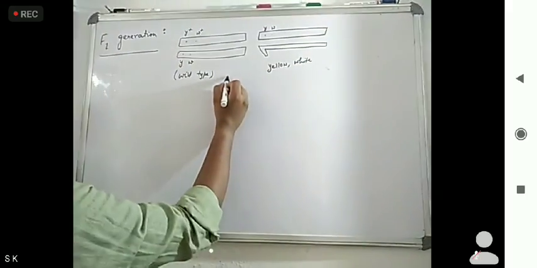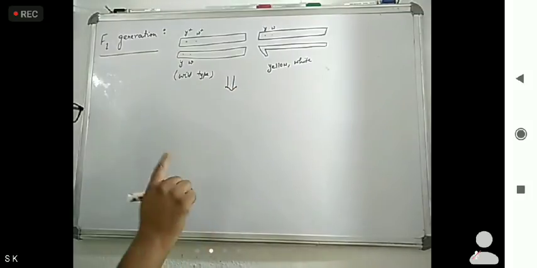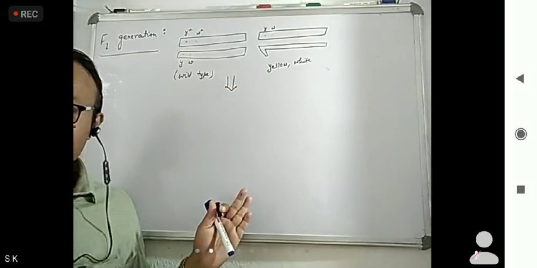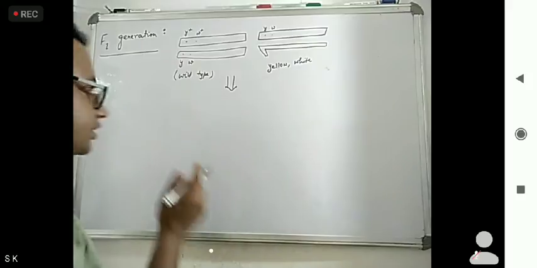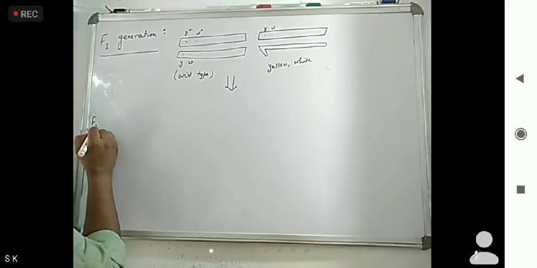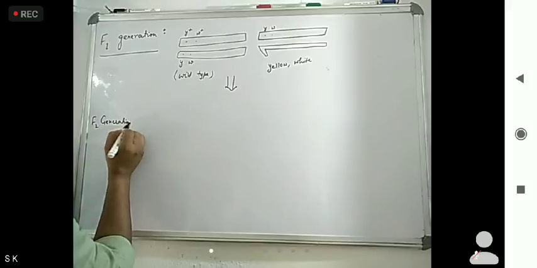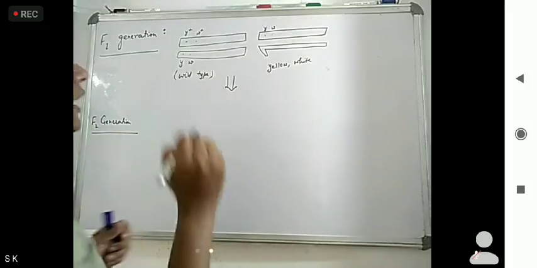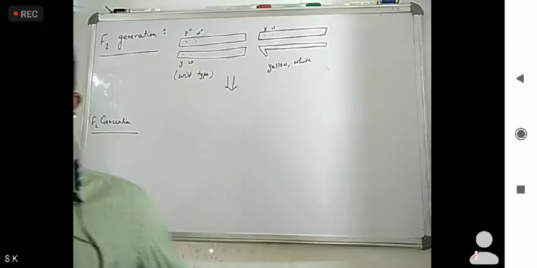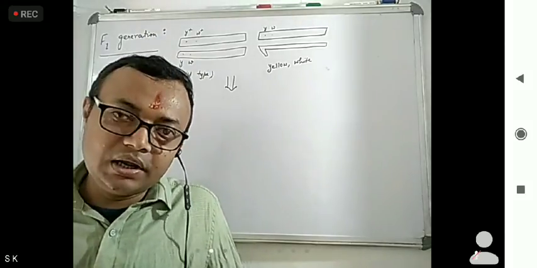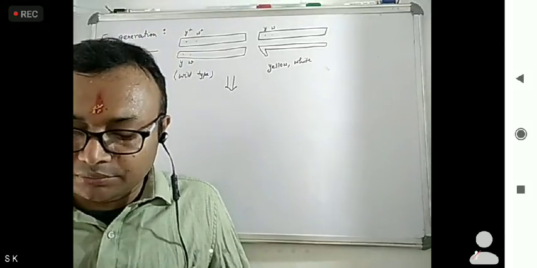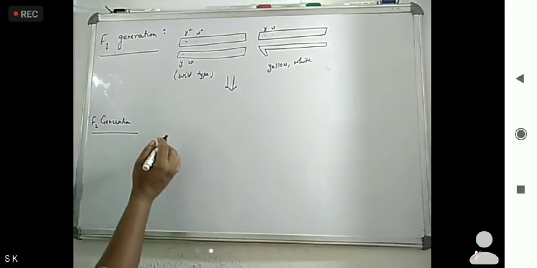Now in the F2 generation, further what happens? Crosses occur, and we have to see what came in the F2 generation. In the F2 generation, 4 types of male and 4 types of female will come.